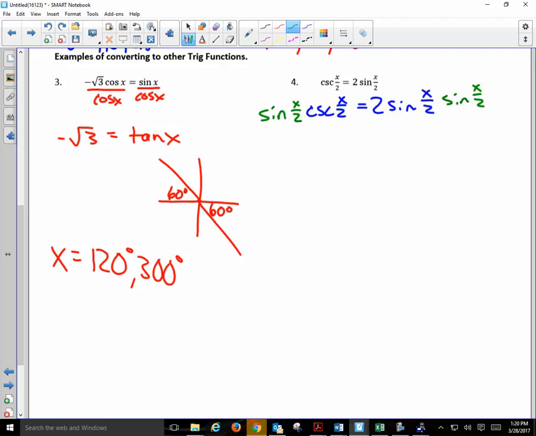So what do I get on the left-hand side? 1. And the right-hand side, 2 sine squared of x over 2. I think I could solve that. What do I do?